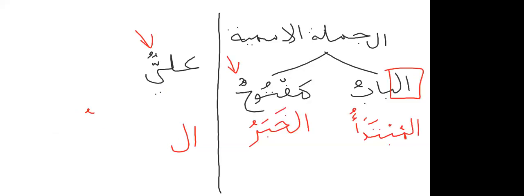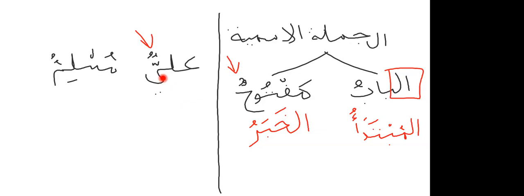So let's give an example with Aliyun. If I say Aliyun is a Muslim, I'll say Aliyun Muslimun. I can replace Aliyun with a pronoun. For males we say huwa, for females we say hiya.